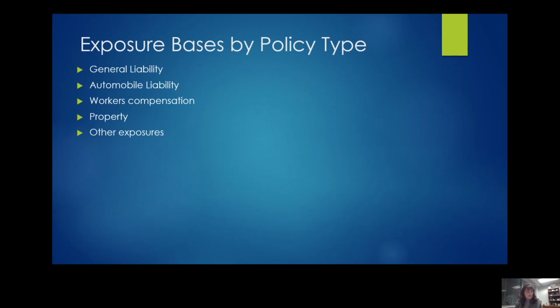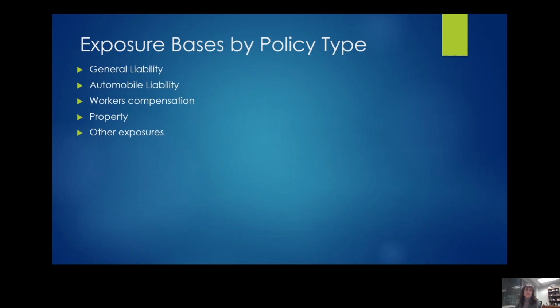Auto is one that really it could be dependent on the type of vehicles you have. Maybe you have the heavy-duty work trucks versus the smaller autos, or it could be based on number of miles driven. That's a real common base.